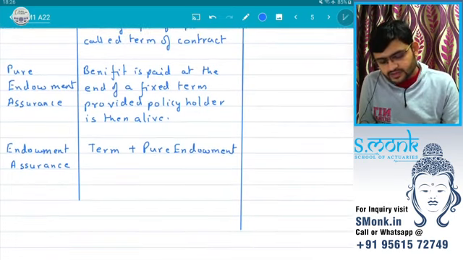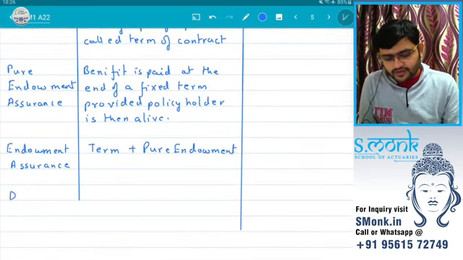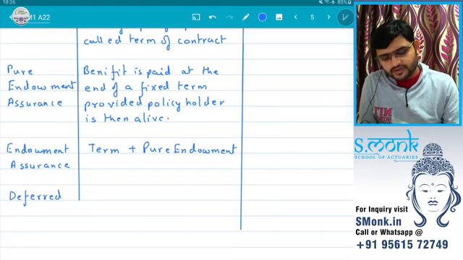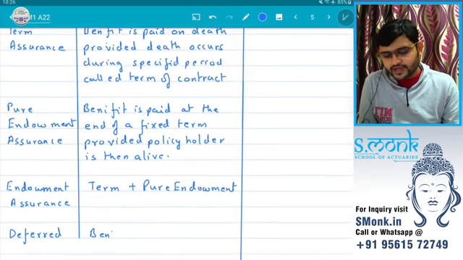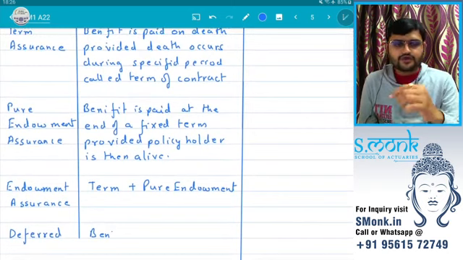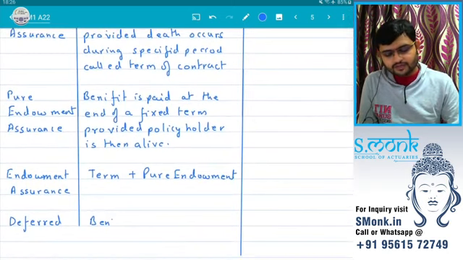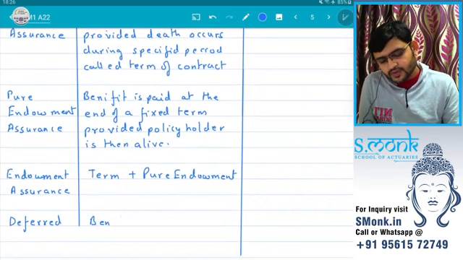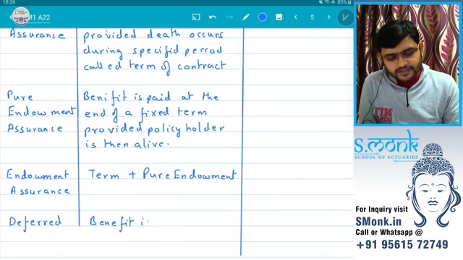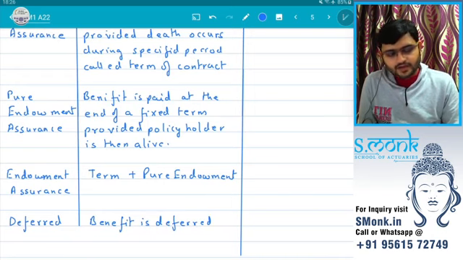Then you have deferred benefit. Deferred can be of many different kinds: deferred whole life, deferred term, deferred pure endowment. Pure endowment is sort of deferred, but anyway, there can be many different kinds of deferred policies. But here the benefit is deferred for a period.